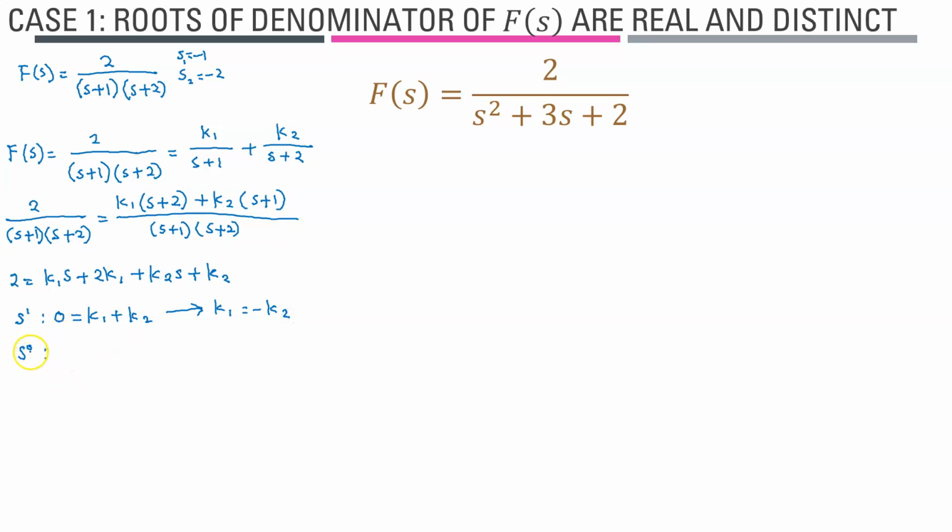Now for s to the power of 0, which is 1, here you have 2. So you write down 2 equals 2k1 plus k2. From here, since k1 is minus k2, you can write 2 equals minus 2k2 plus k2.